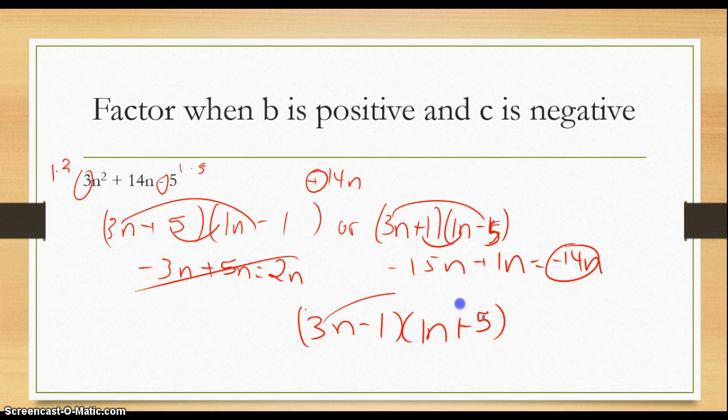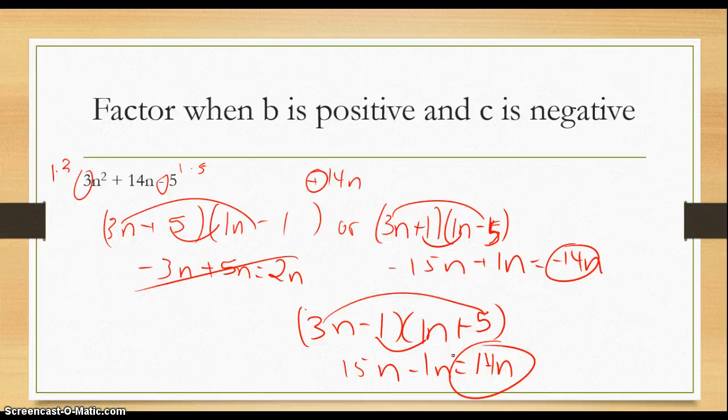So now in my head, that's a positive 15n, a negative 1n. Gives me a positive 14n. So I'm okay with pushing the signs in first, guessing, checking where things should go, double checking, to see if you just need to switch the signs, or do you really need to switch numbers.